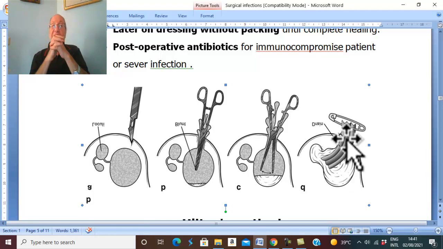Remove the packing material and repack every 1 to 2 days until the abscess cavity completely resolves and the packing material can no longer be inserted into the abscess cavity.